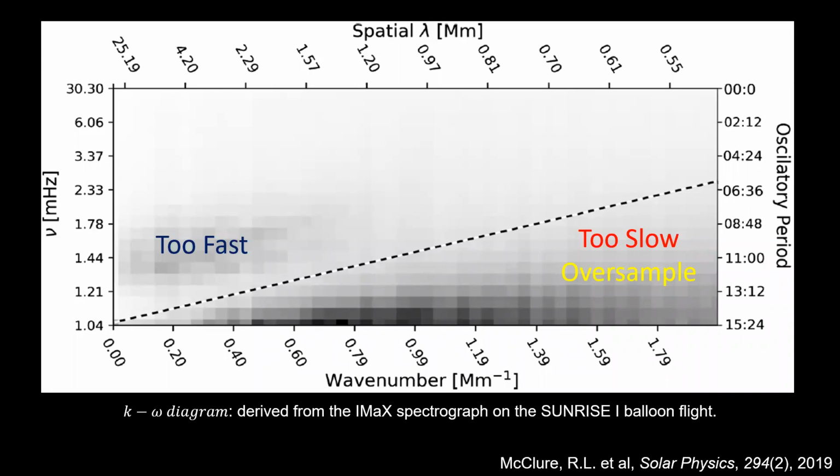So if all the contribution from the P mode are too fast, then what will happen is that your observation will not be able to reconstruct all of this perturbation from the sample images, right?